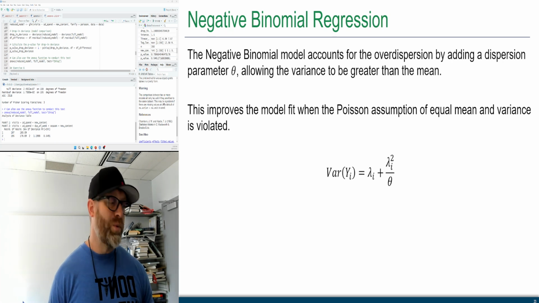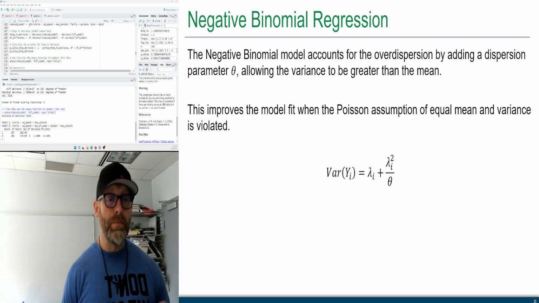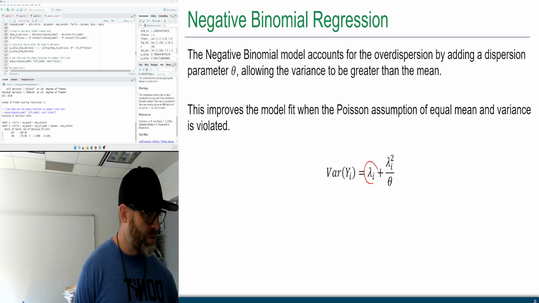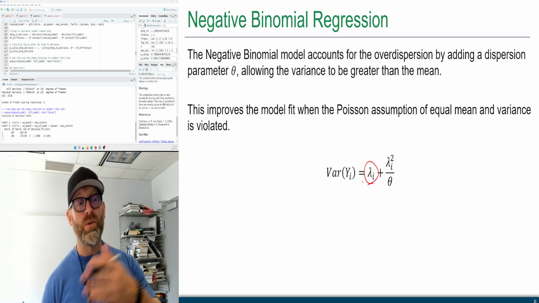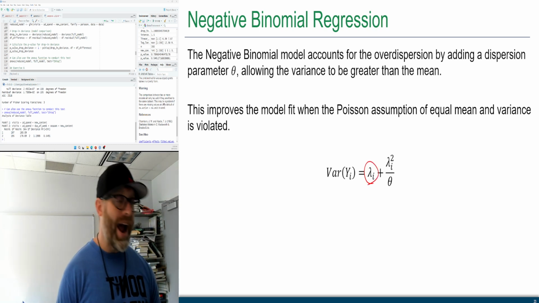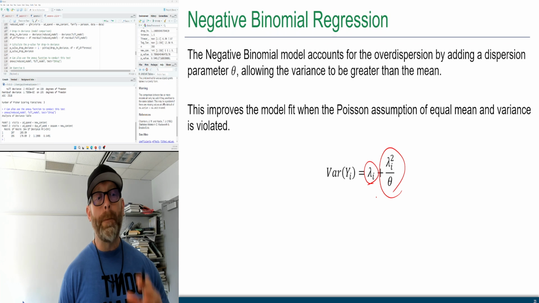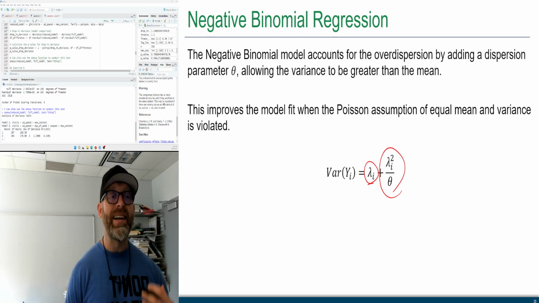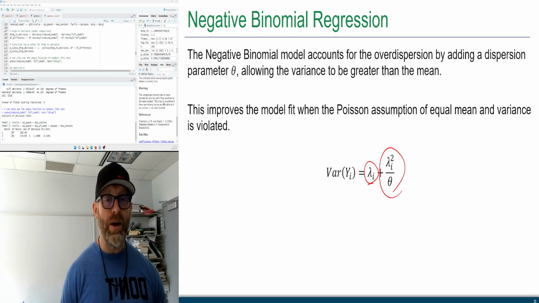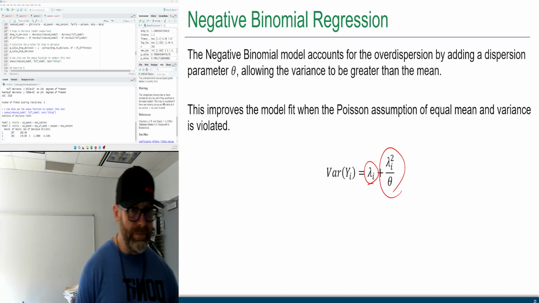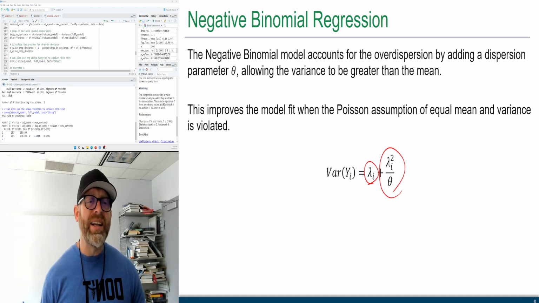So we're going to calculate variance in a slightly different way here. Originally, the variance was simply equal to lambda sub i, the mean is equal to the variance. But now we're adding on this extra parameter, where we take our mean, square it, and divide it by this new dispersion parameter that we have. I'm not going to go into how we calculate the dispersion parameter.